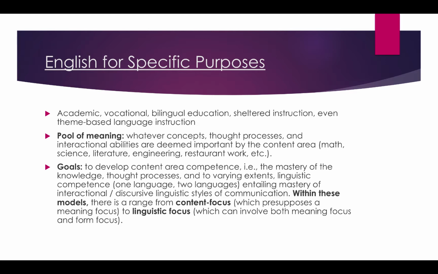And the goals are to develop both a content area competence, that is to say the mastery of knowledge and thought processes, and to varying extent the linguistic competence, entailing the mastery of interactional and discursive linguistic styles of communication for each of these fields.